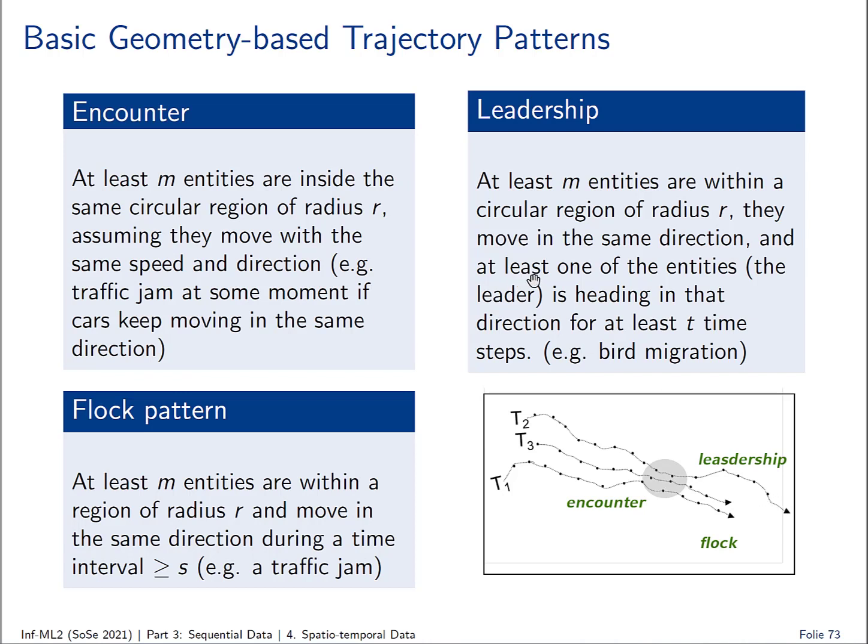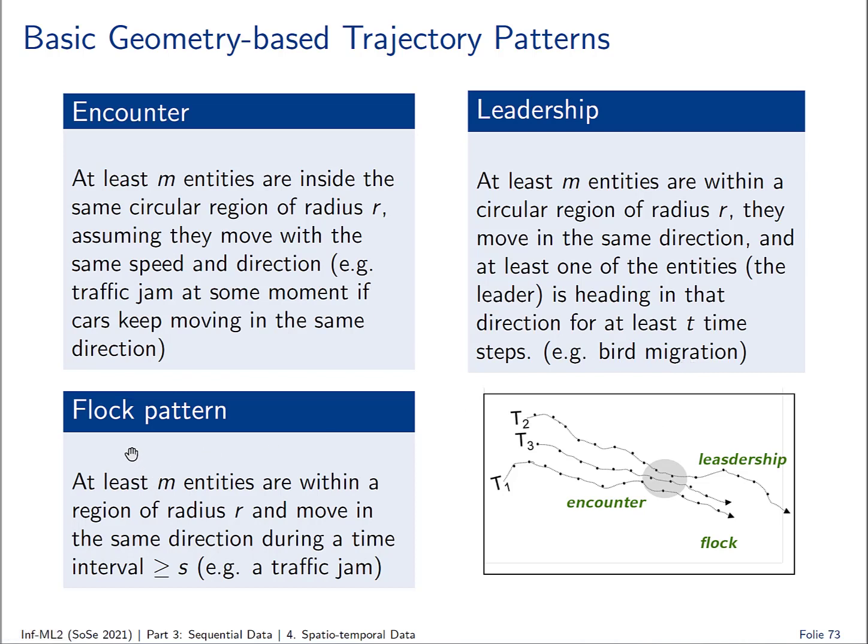So one is heading in the same direction for at least t time steps. We have an encounter, and one is going in the same direction as the others for at least t time steps, which is the leader here. Yeah, and all the others follow basically. That is the intuition of the bird migration here.